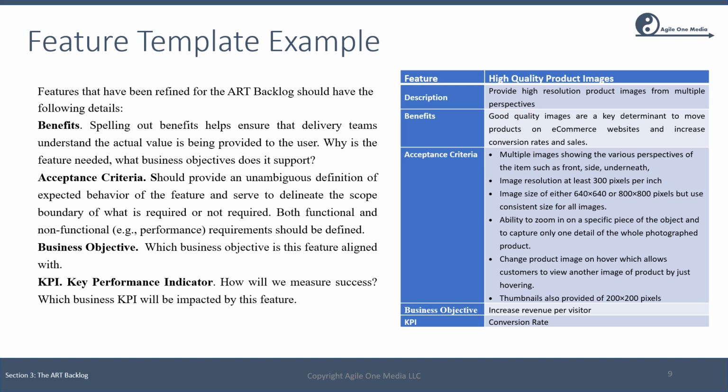And then we have a set of 6 acceptance criteria which talk about image size, image resolution, thumbnails, the ability to hover and zoom in and out on specific areas of the images. And then finally, in the template, we have a KPI, which is a key performance indicator. In this case, it's conversion rate. So this enables us to measure over time the impact of this feature on something like conversion rate.